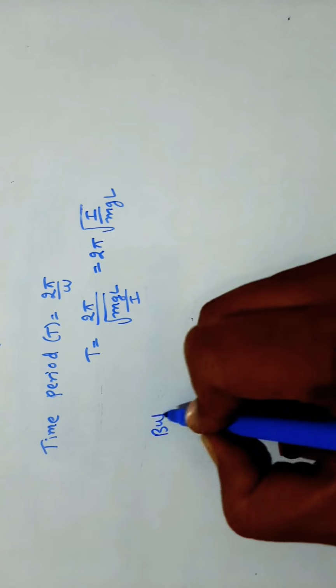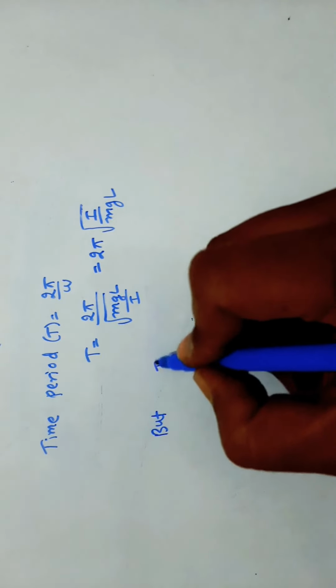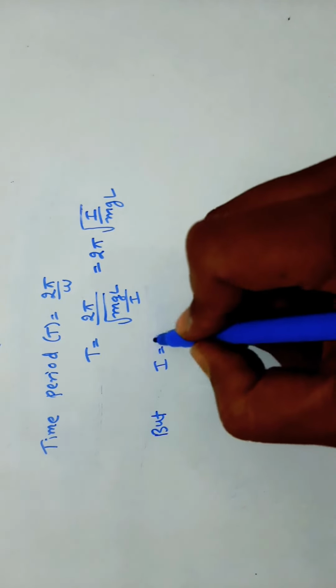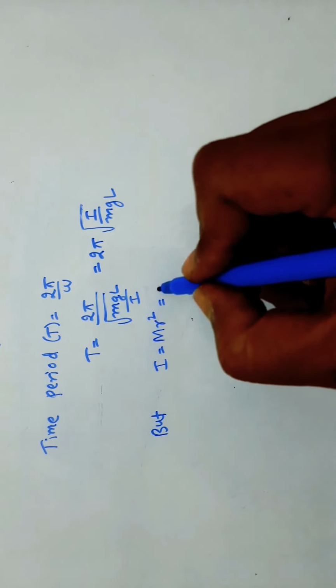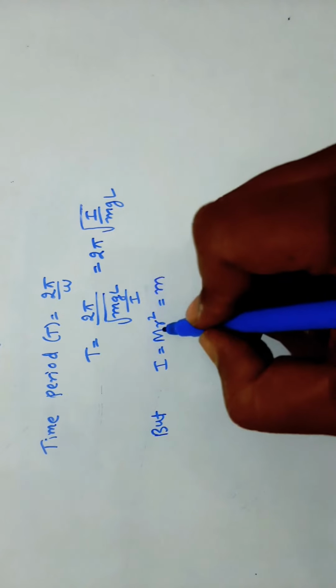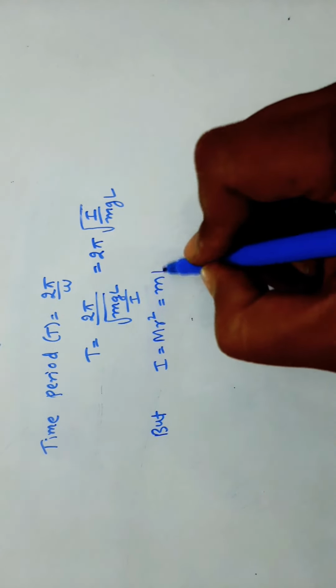But here I is the moment of inertia. I is equal to m r square, where m is the mass of the bob and r is the length of the string.